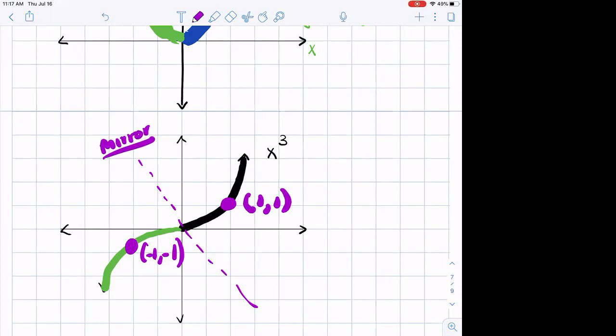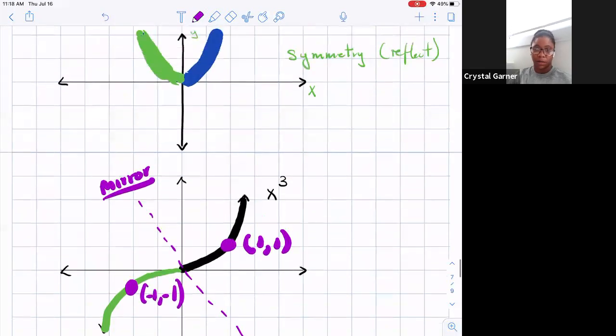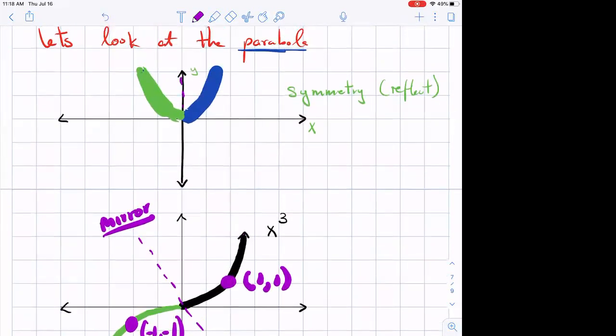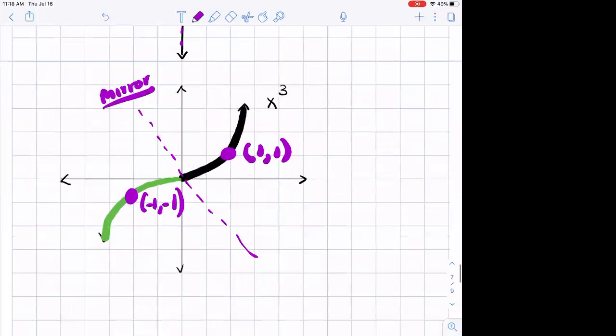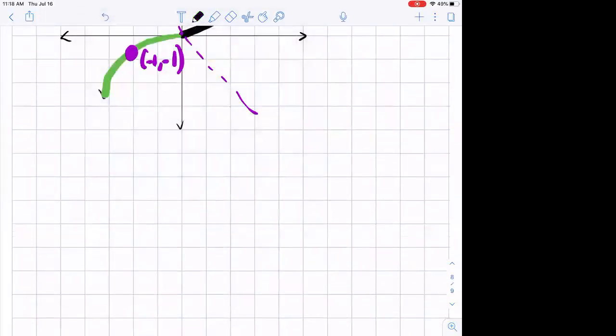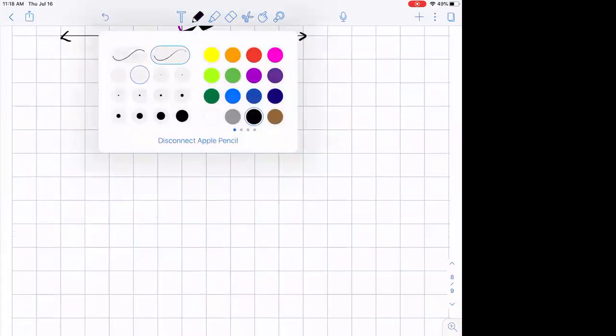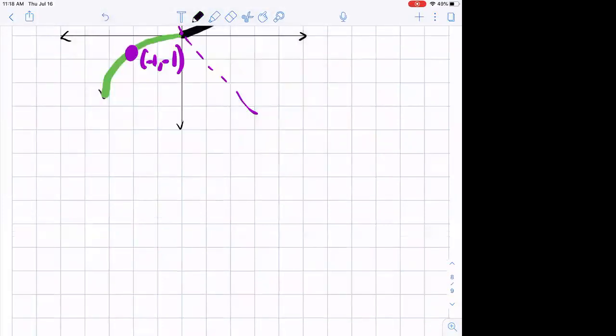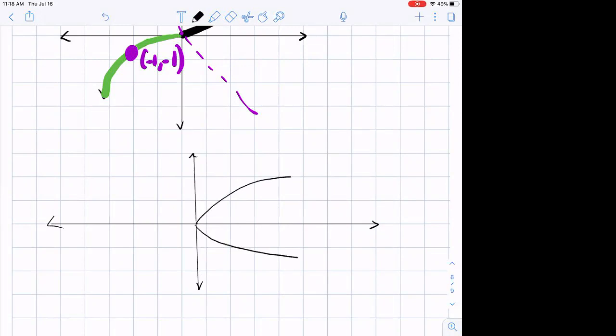Do you follow? So there's only 3 types of symmetry. We're going to talk about y-axis symmetry, origin symmetry, and then we also have a graph that looks like this one here. This graph that I'm going to draw is called a hyperbola. It's sort of like a sideways looking parabola.